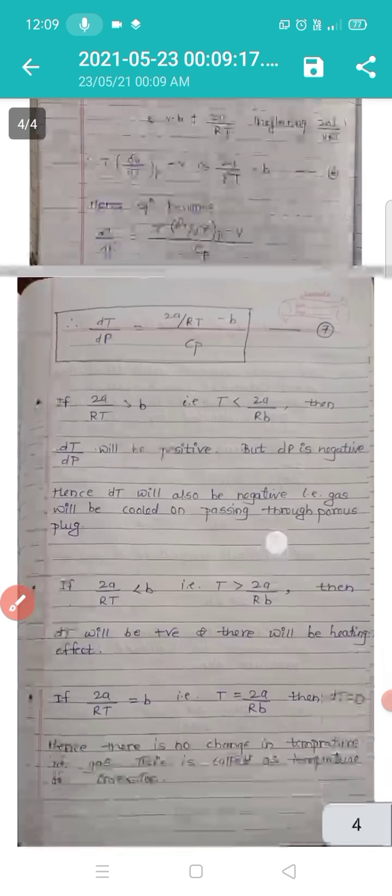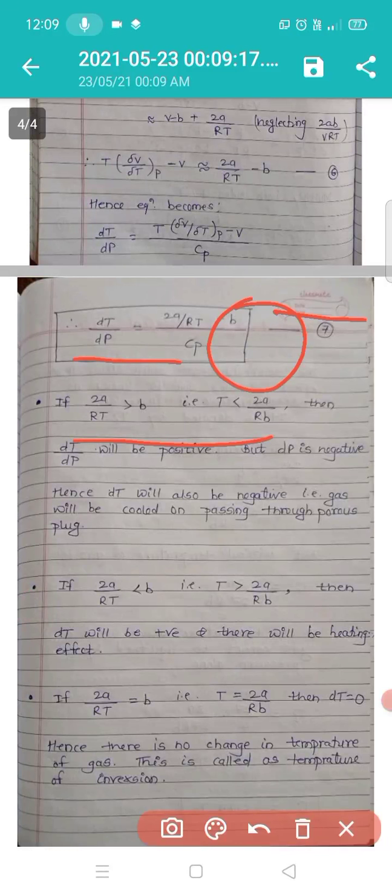And the next case is if 2a by RT is less than b, that is T is greater than 2a by Rb, then dT will be positive and there will be heating effect. Okay, opposite effects are seen.